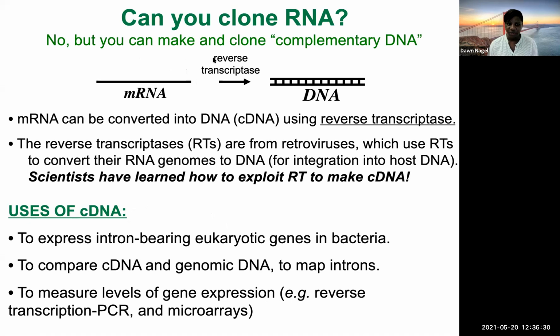So in order to do that, you need to convert that RNA into DNA, right? Which is double-stranded. So you make a complementary DNA molecule from that mRNA using reverse transcriptase. We discussed the applications of using cDNA in order for us to study gene expression, right?